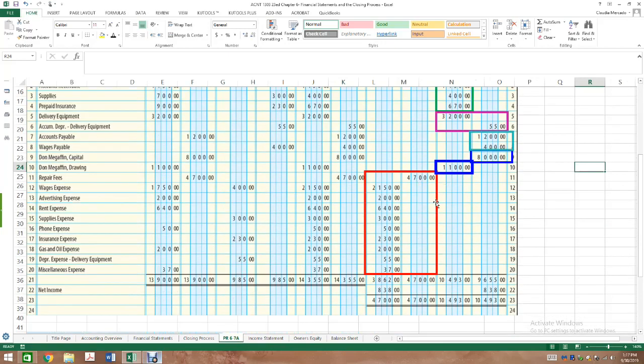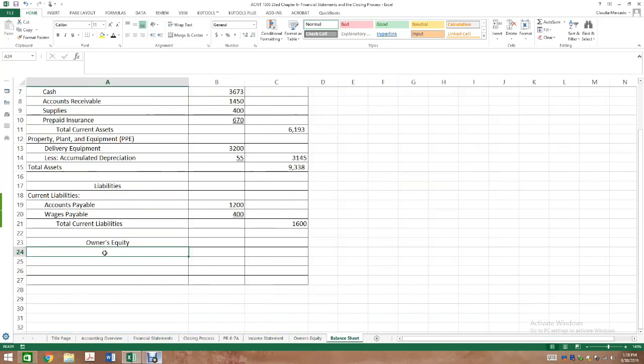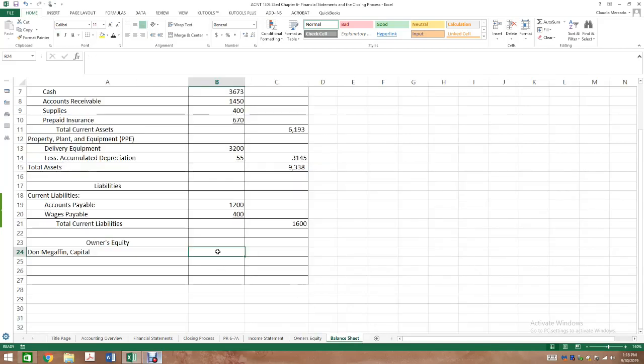All of the numbers have been used up. So for your balance sheet, you're going to bring in your capital account, Don Mega Fin. Capital. And this number is coming from your statement of owner's equity. So that $77.38 is going to flow into your balance sheet.